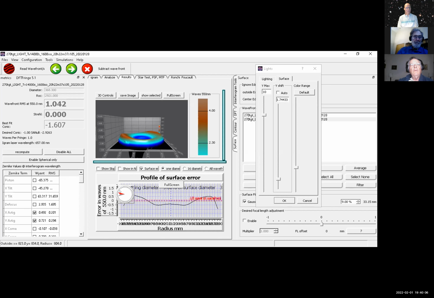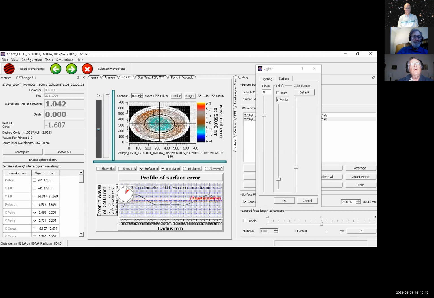What this does, if I move this over here, is another formal way of viewing it. As I turn this around, you can see that line goes across it, so it's taking a segment of the mirror from edge to edge. You can see how it's been moving around.